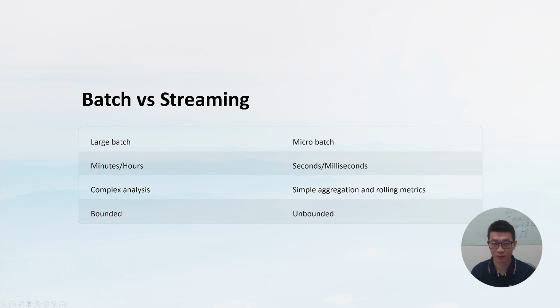This difference primarily leads to variations in their architectures and focus areas. In essence, batch processing has a delayed response, and its response time can be several minutes or even several hours, depending on the circumstances. In contrast, stream processing is different.